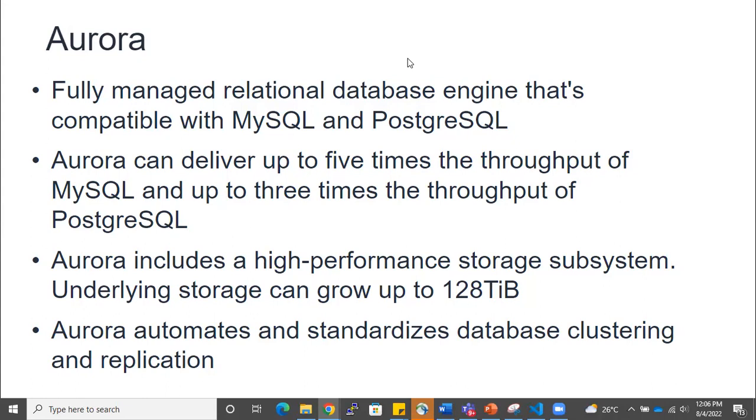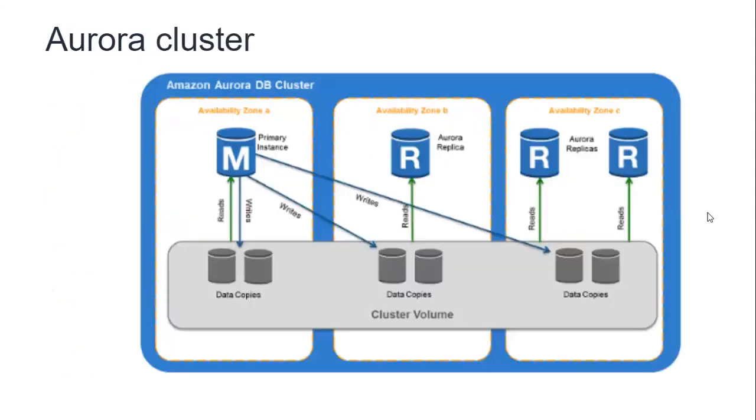So your replica will still have your latest data, because when you write to the primary or the writer, it replicates those changes to your replicas. So Aurora supports that. RDS also supports that anyway.